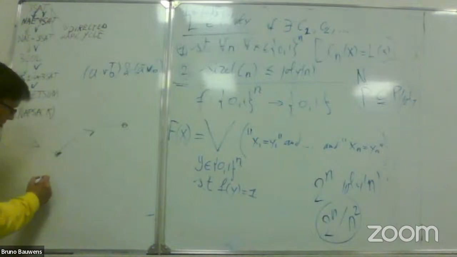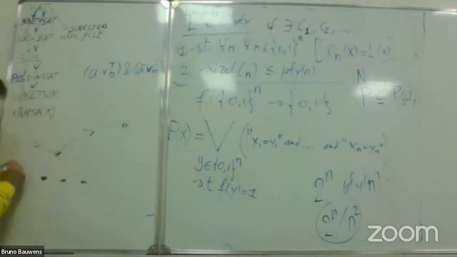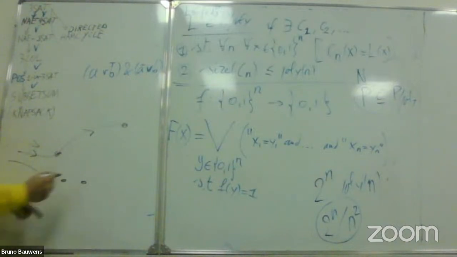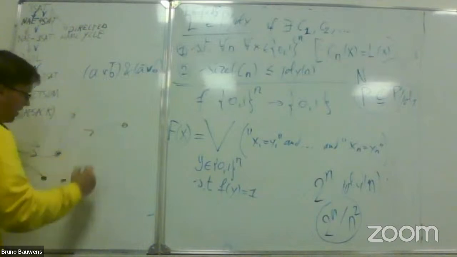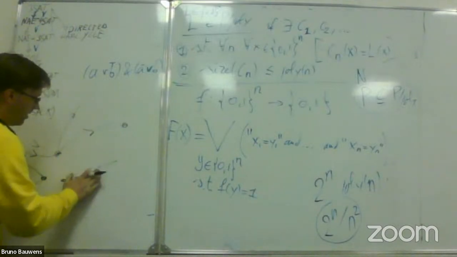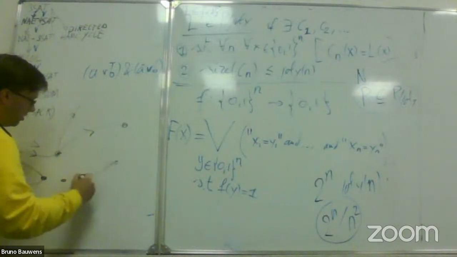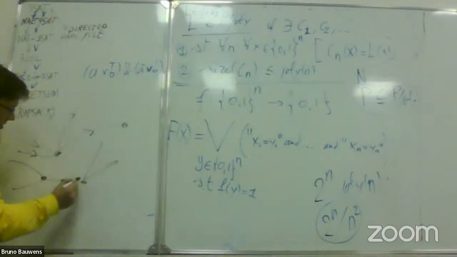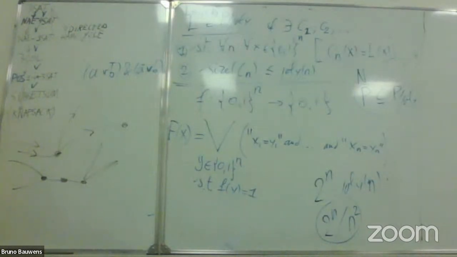All the incoming edges are connected to the first node, and all outgoing edges are connected to the third node. And these nodes have just an edge like this.